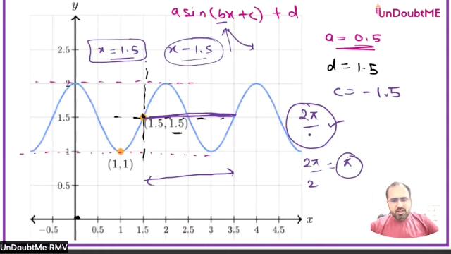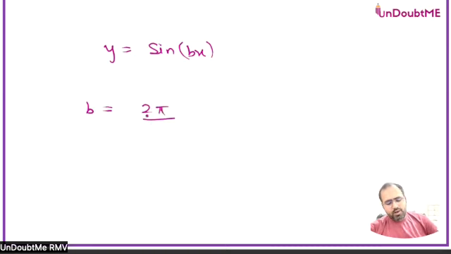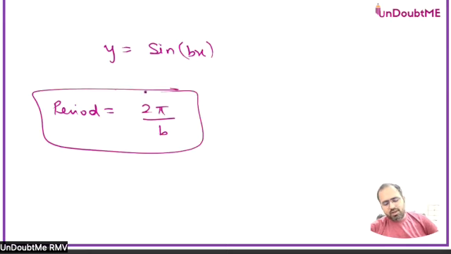In general, if I have sine of bx like this, then what will be the period of this graph? The period of this graph will be 2 pi over b.